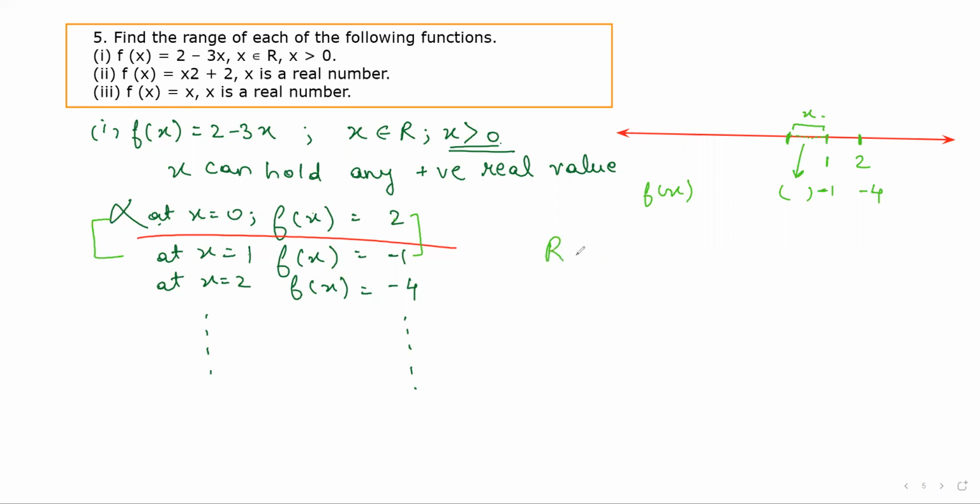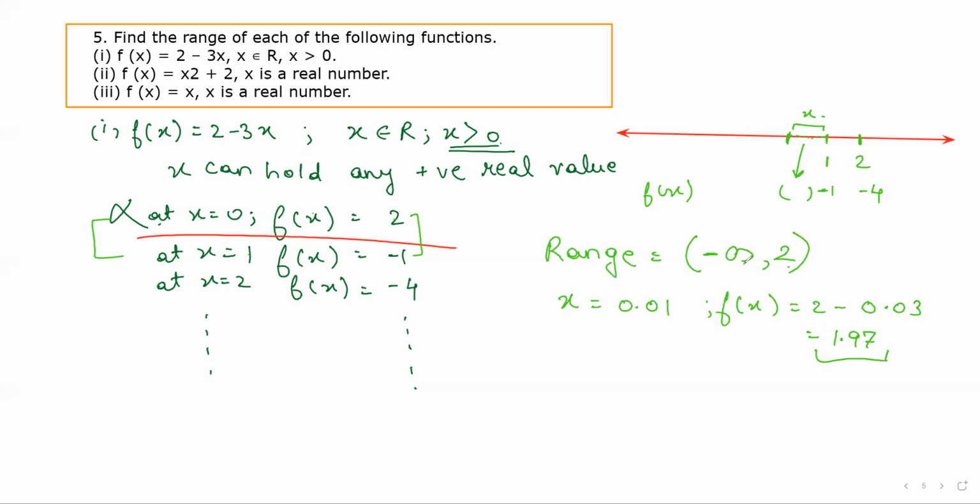So your range over here will be from -infinity to 2, but you're not considering 2 because x can never be equal to 0. If you place a small value, for example x equals 0.01, you will get f of x equals 2 minus 0.03, which is 1.97. So it is a value smaller than 2. It is not equal to 2.